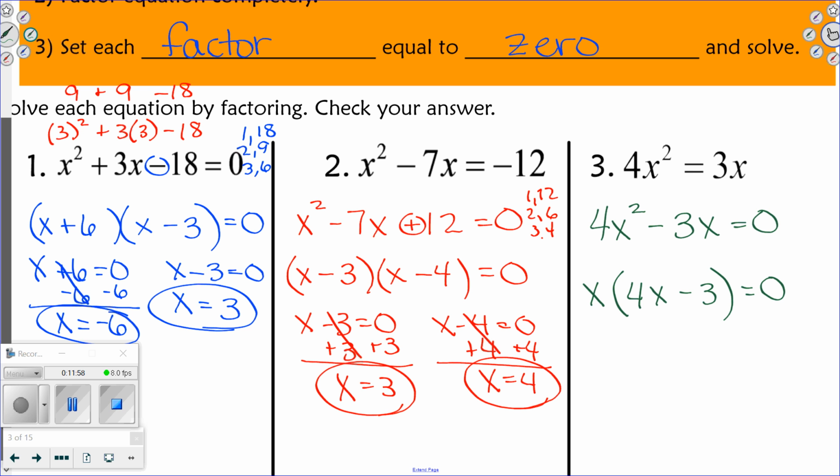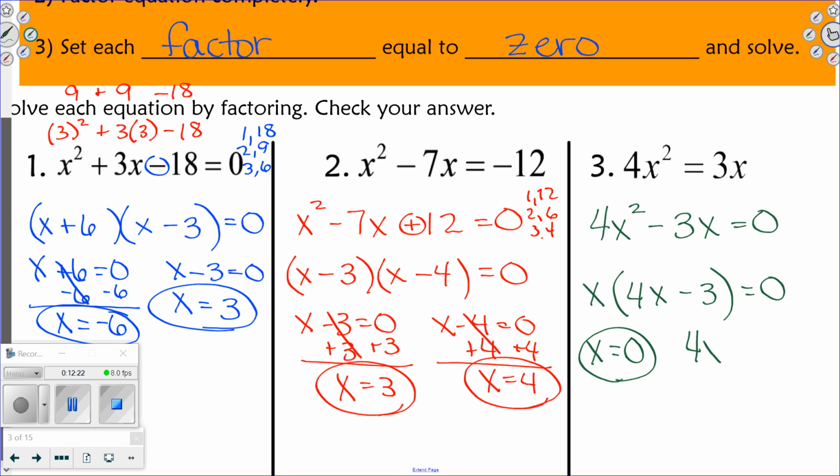If there's no longer an x squared, can you factor it? No. Everything I factor has to have an x squared to keep factoring. I don't have an x squared, which means I'm done factoring. All I could do was take out an x. Okay? So from here, either this or this has to be 0, right? So either x equals 0. That one's nice and easy.